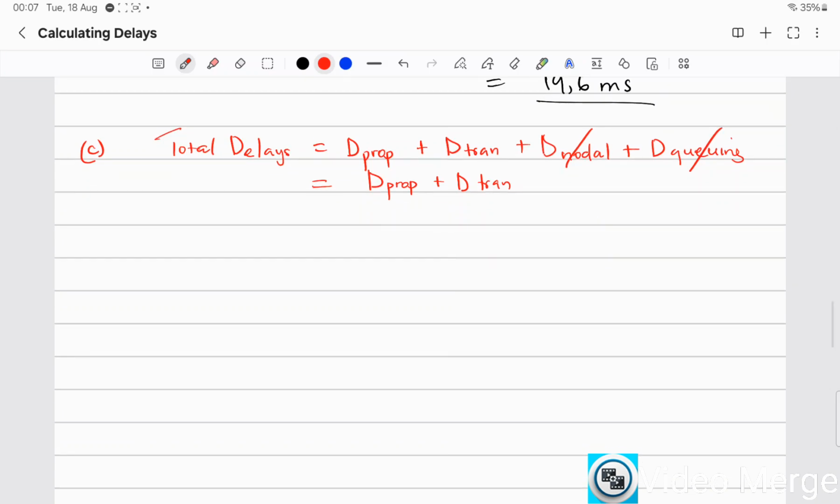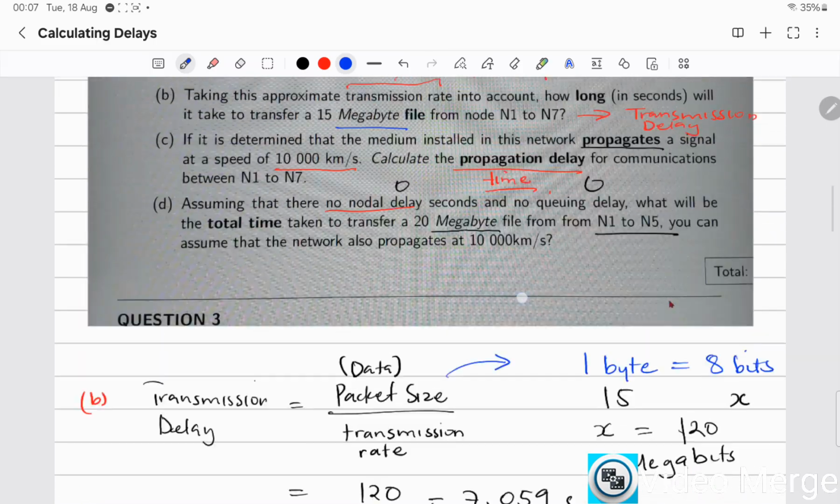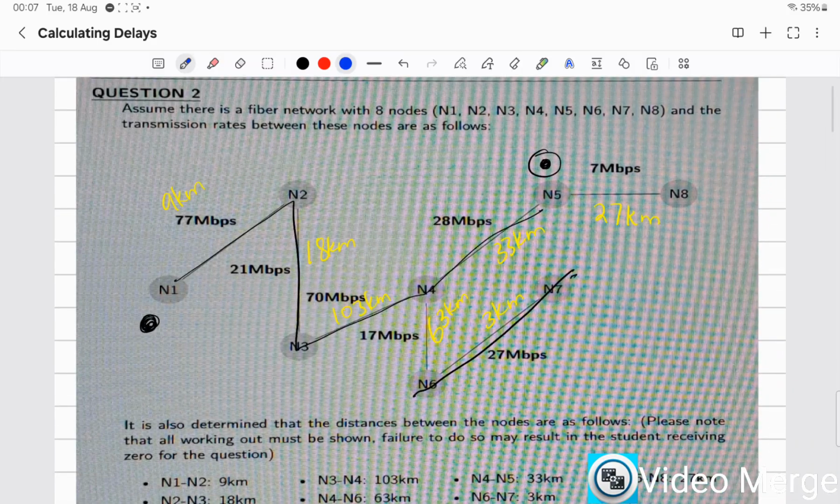And now we are moving from N1 to N5, which means we need to re-establish our calculations for the bottleneck. From N1 to N2, we've got 77 megabits per second. N2 to N3, we've got 21 megabits per second. N3 to N4, 70 megabits per second. N4 to N5, we've got 28 megabits per second.